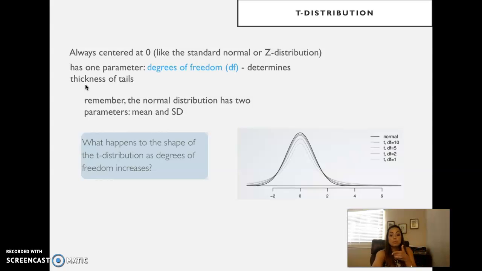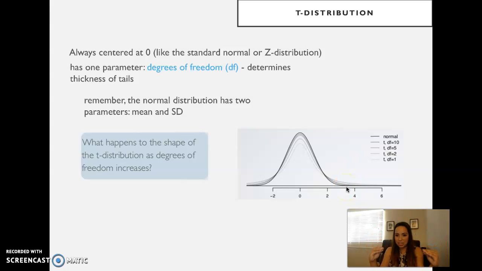The degree of freedom is related to the sample size. It's typically the sample size minus 1. We'll see how that varies a little bit, but it's very highly related to the size of the sample that you have. If you have a larger sample size, the thickness of the tail begins to shrink and shrink.